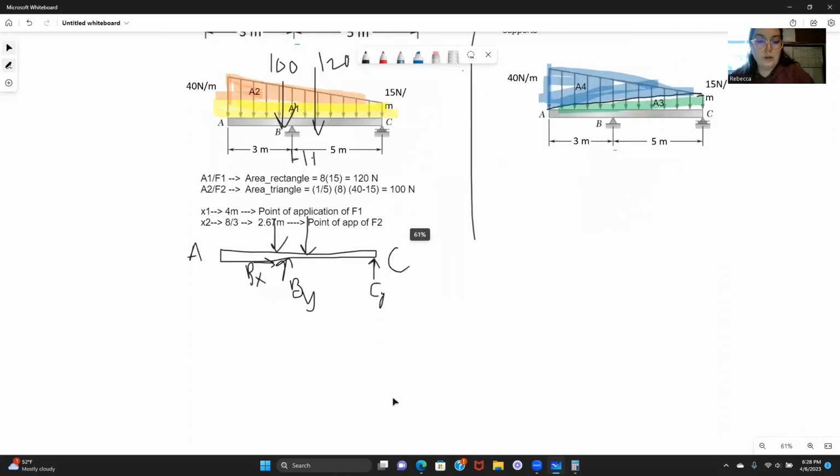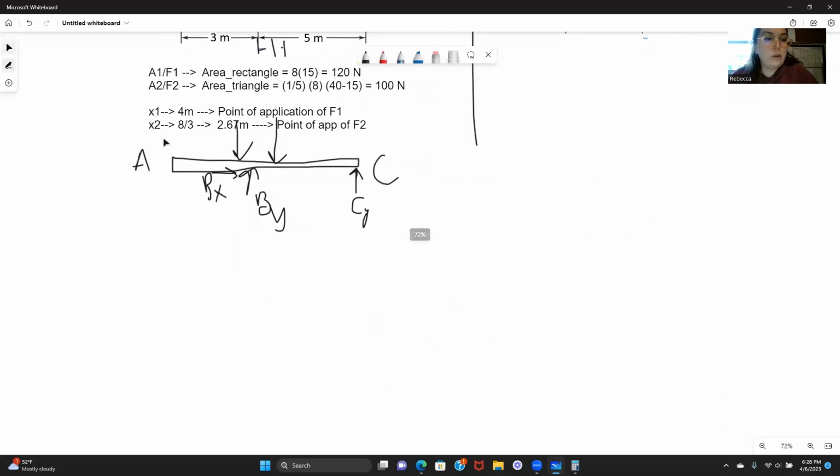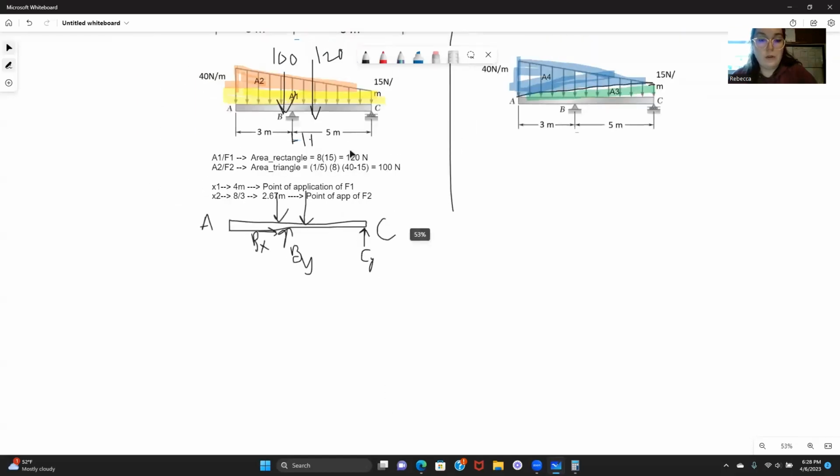The other thing you could do is find the point force equivalent of both of these combined. To do that, we're going to use our equation for finding the centroid of a combined shape.